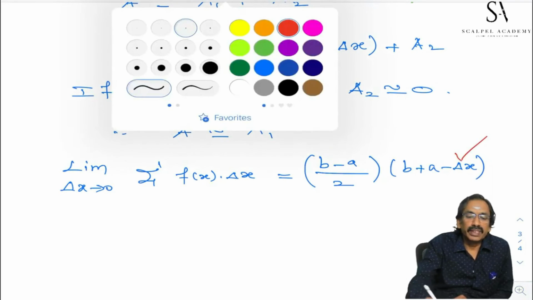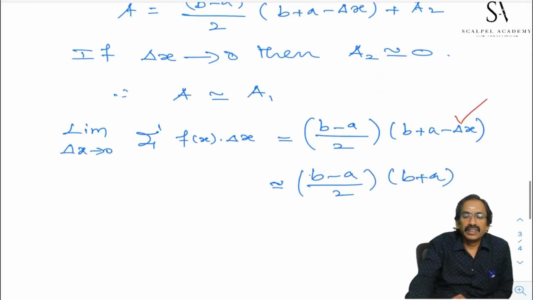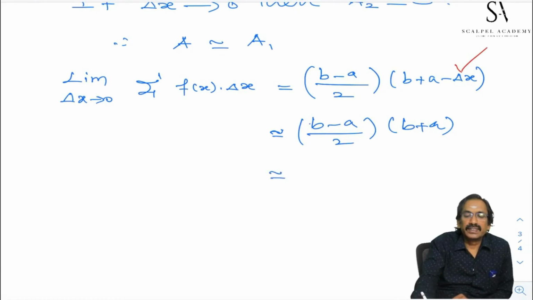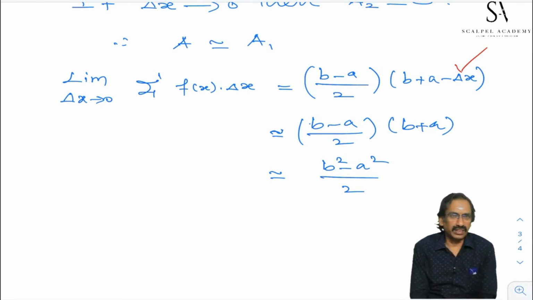Therefore, this equation becomes (b minus a)/2 into (b plus a). That is (b square minus a square)/2. This is a long method, you may think. No, it's not a long one.